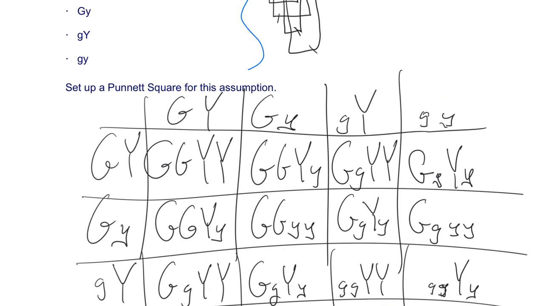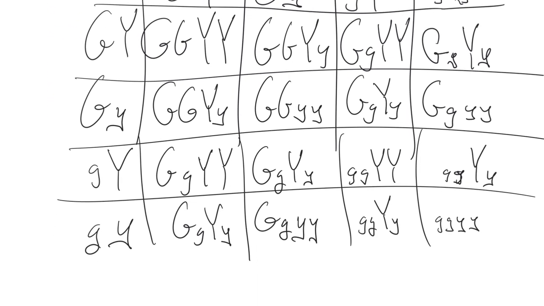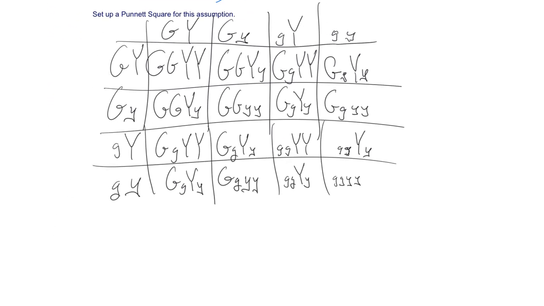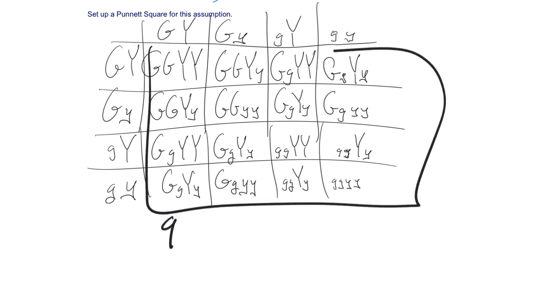Okay, so I'm going to get a 9:3:3:1 ratio. Let's just verify that. So we expect 9 out of 16. There's 16 possibilities. 9 out of 16 will be big G, anything, big Y, anything.